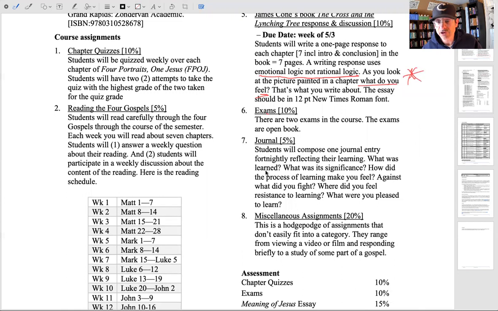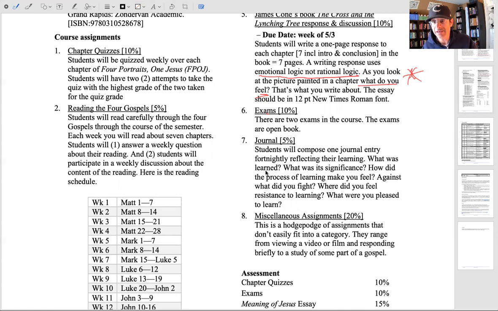So you're interested in these kinds of questions. What was learned? What did I learn? What was that learning's significance? How did the process of learning make you feel? Against what did you fight? Where did you feel resistance to the learning? What were you pleased to learn? These are the kinds of questions that you might reflect on.